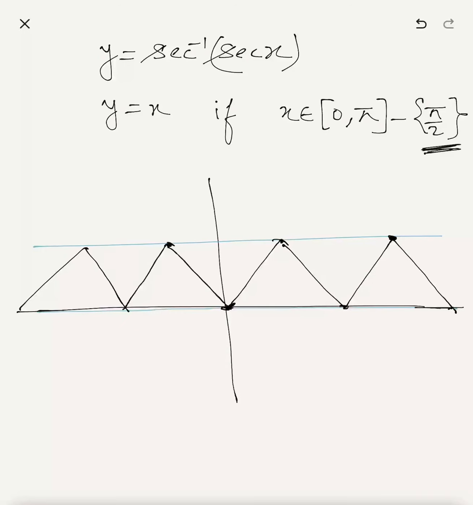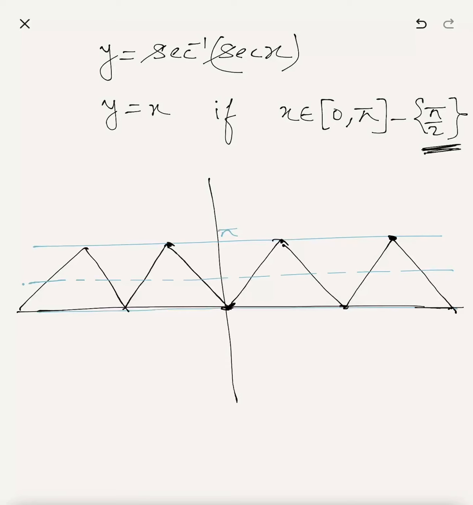See, here pi by 2 you have to take out, isn't it? So at pi by 2, this is your pi, and at pi by 2 let me draw a line, and let me make it a dash line.